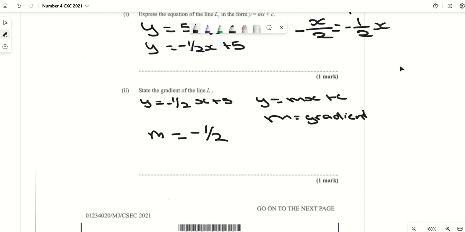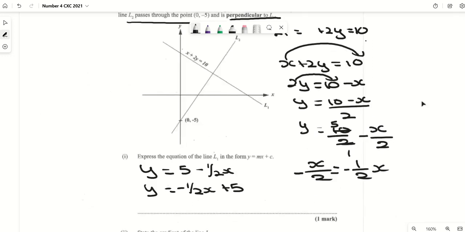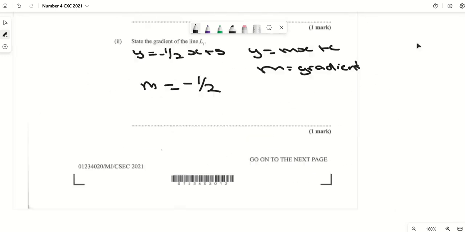Okay, so now they told you, hence determine the equation of line 2. What you have to remember is the properties they told you of line 2: it passes through (0, minus 5) and is perpendicular to L1.